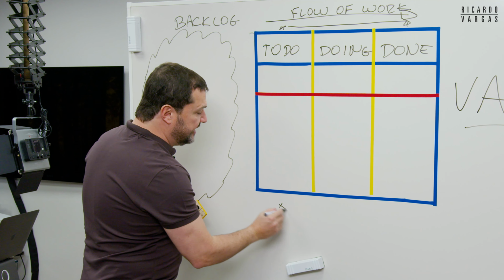For procurement, we can create, for example, 6 columns. The first one is called request. This includes all activities in procurement where procurement requests a quote from the supplier. The second one is waiting. It is where you already requested and you are waiting for the feedback from the supplier.